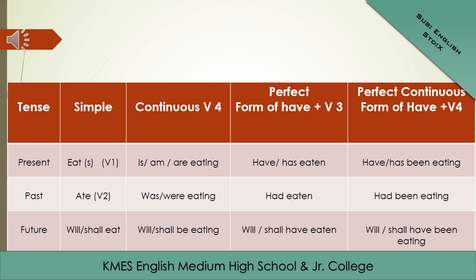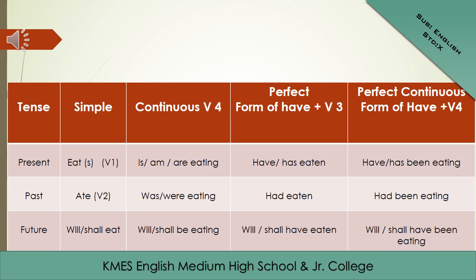Continuous tense, always keep in mind the ing form of the verb. So if it is present continuous, we'll be using either is, am, or are. These are the helping verbs, again according to our subject, plus the ing form of the verb. So eat will become eating. So is, am, or are in present continuous tense.